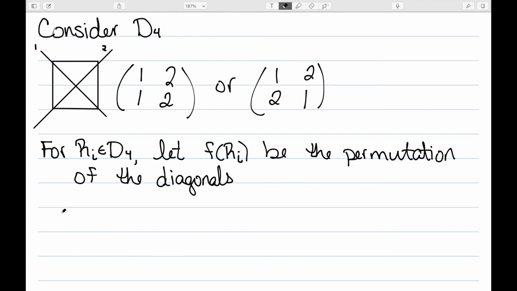Geometrically, we can see that if we rotate this square by Ri, followed by Rj, when we watch what happens to the diagonals, we see what happened to them first, and then we follow by what happens under Rj.